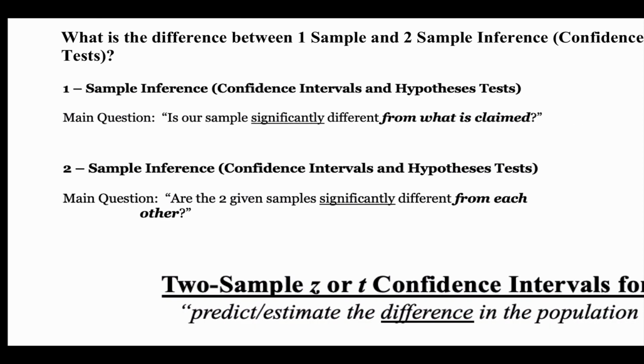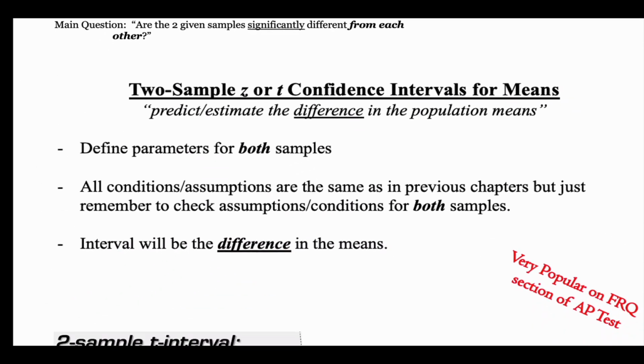As opposed to one sample, where the sample was just compared to the claim, whatever's claimed. Okay, the claim in these is always the same. The samples aren't any different. There's not a significant difference, okay?